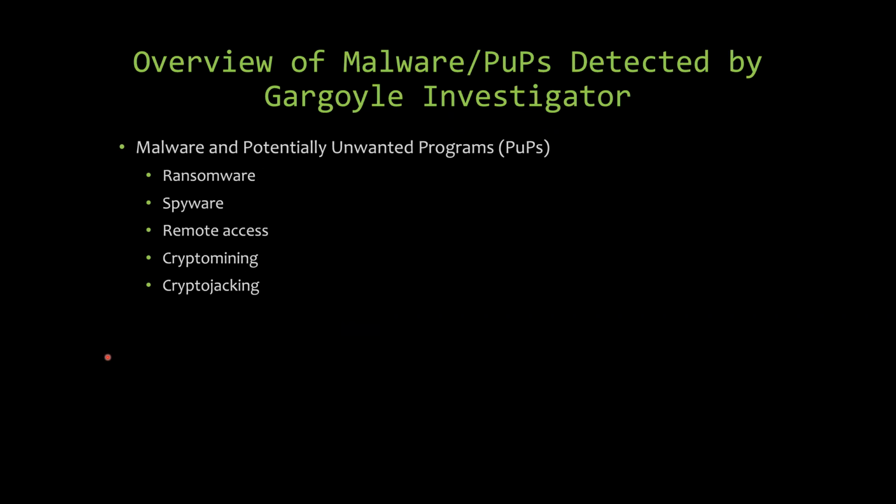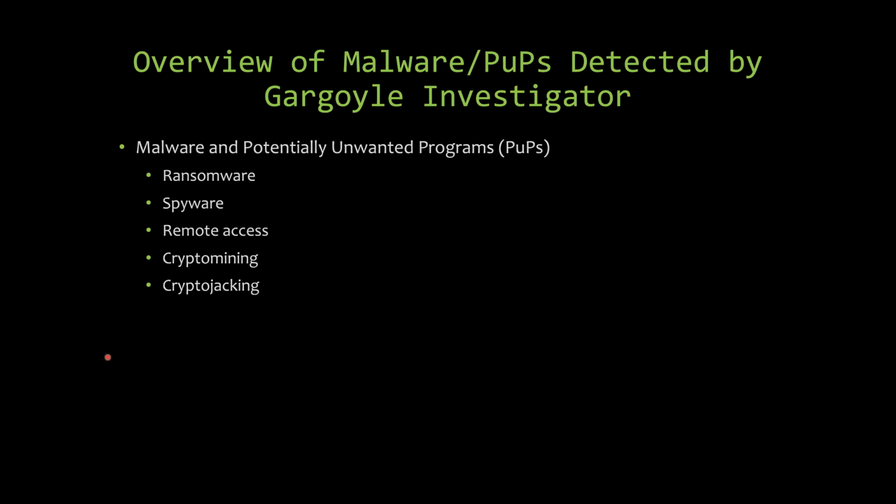So we'll also be talking today about malware, and specifically malware and even potentially unwanted programs, or PUPs, that we are detecting with Gargoyle Investigator. So when we're talking about our products today, I do want to mention right out that when we're discussing things like Gargoyle as well as StegoHunt, we're not looking to actually stop any type of threat.